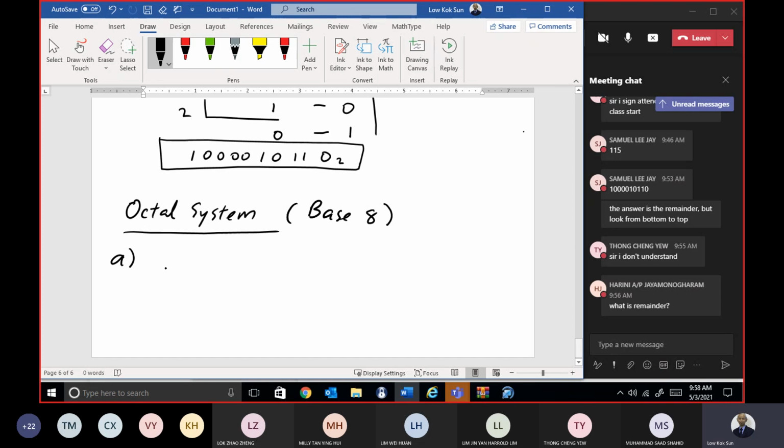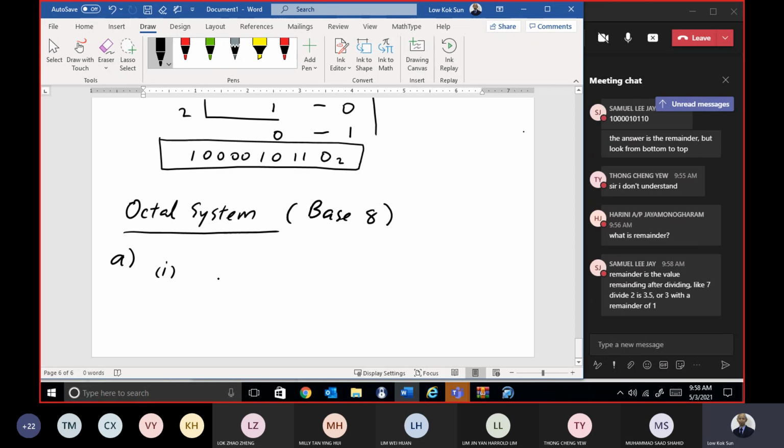So straight away I want to write down, if I want to convert, make sure that I recognize, I purposely put something here and you tell me, is this number correct?